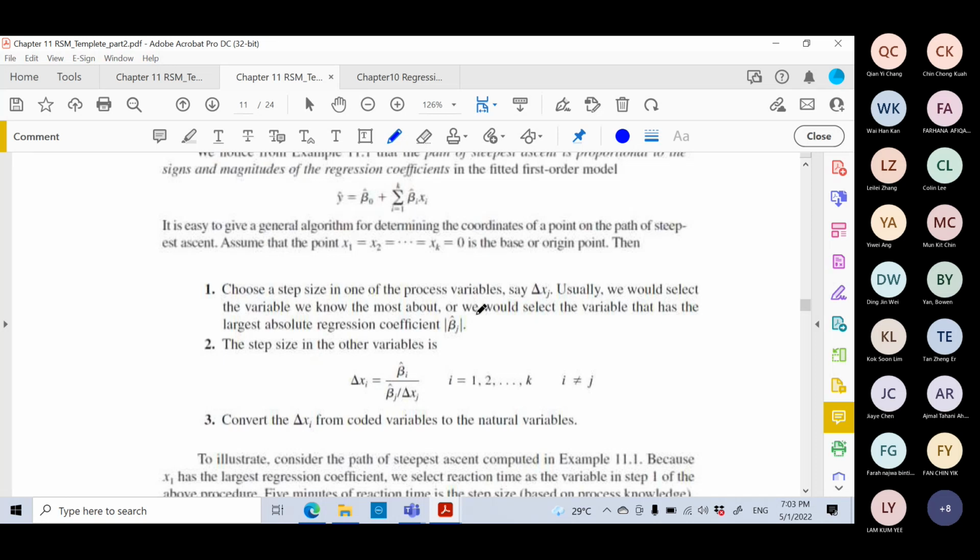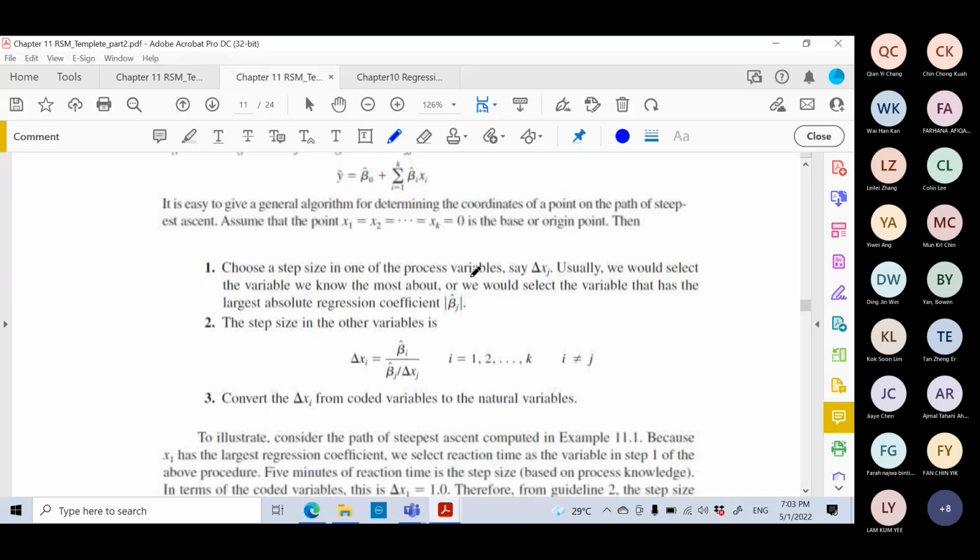Okay. So most of the time we choose the variable that we know has the largest amount of mass, or we select the variable that has the largest absolute value of the regression coefficient. Okay, because the coefficient can be positive, can be negative. Then one of the options is we choose the largest value as the initial step.